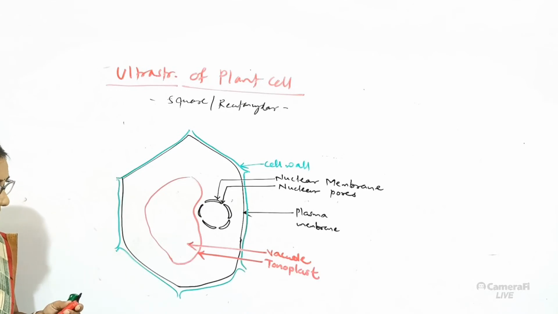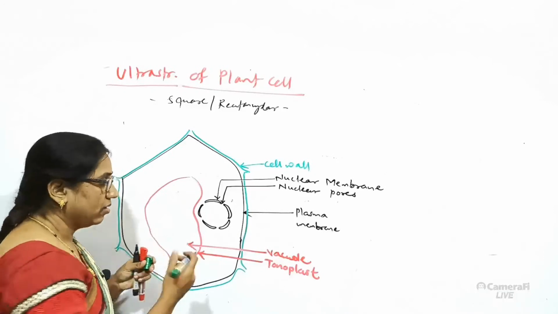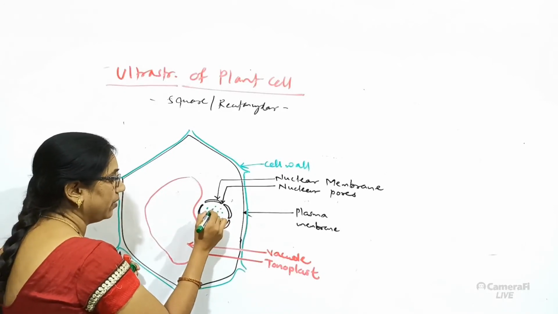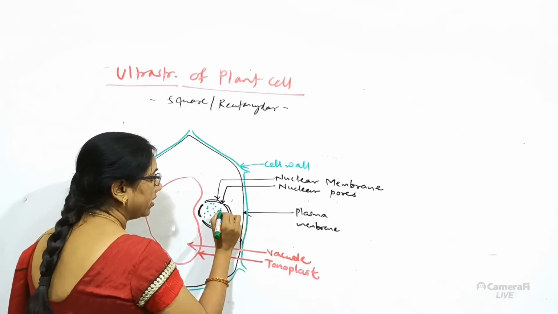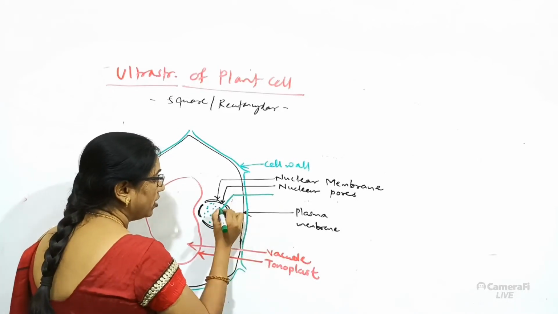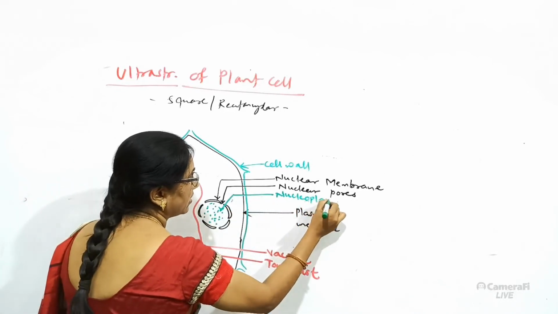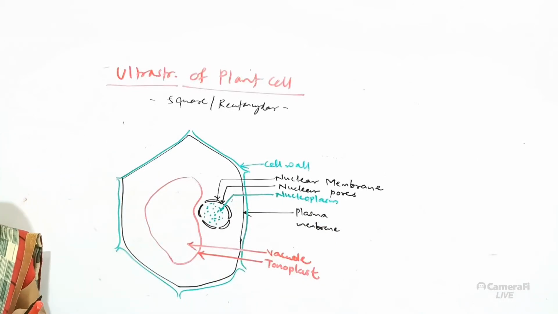This nucleus is also filled with some liquid. It is filled with a semi-fluid structure, and what is this called? It is called the nucleoplasm. The liquid, the sap present inside the nucleus, is called the nucleoplasm.